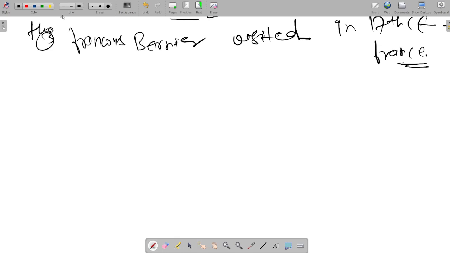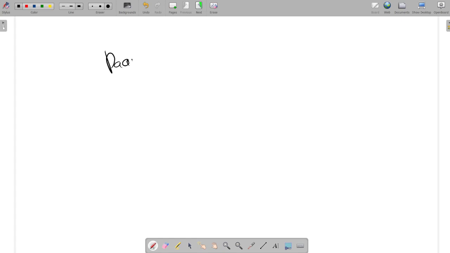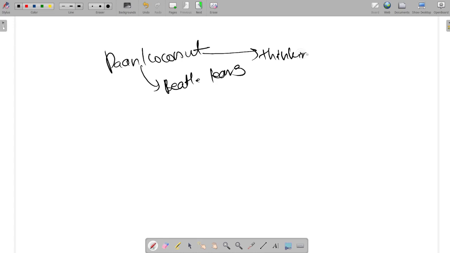The first page shows details of palm, coconut, betel leaves, and how they influenced the thinking. We will see it in detail in later pages.